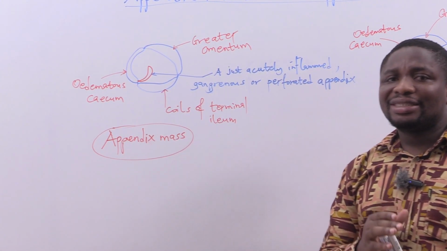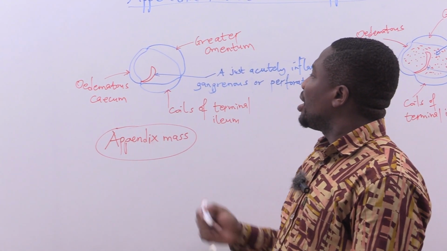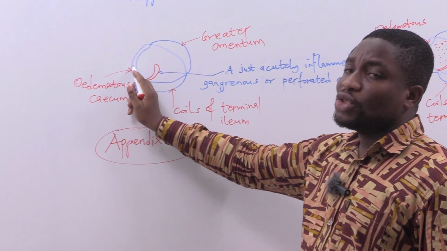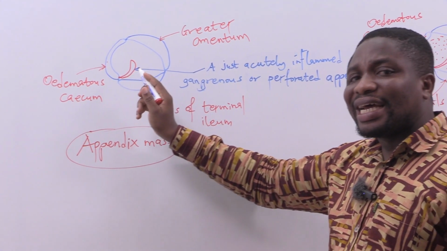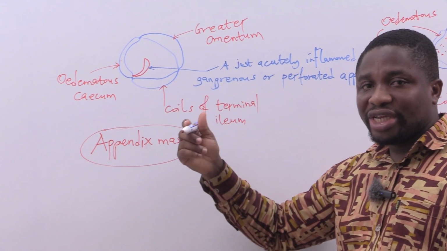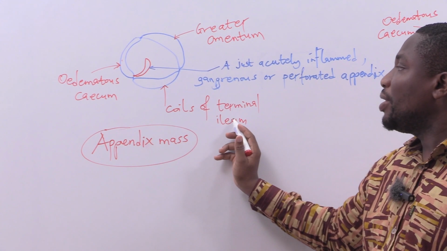So let's have a look at that on the diagram. We can see here we have the edematous cecum. Attached to it we have the appendix, which is in this case just acutely inflamed or gangrenous or perforated. We also have here coils of terminal ileum.